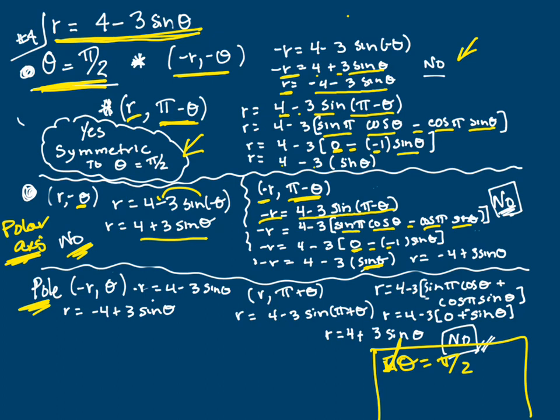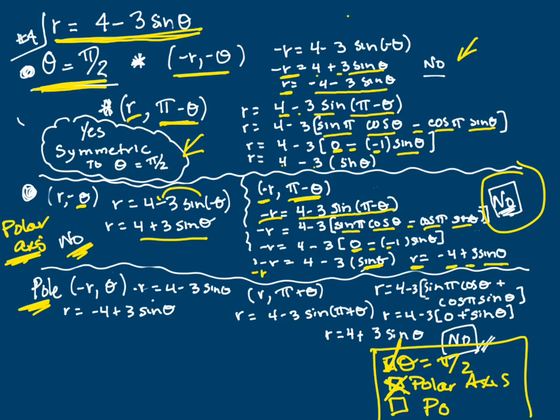So you end up right here with negative r equals 4 minus 3 sine theta. Multiply that negative r through, and you get r equals negative 4 plus 3 sine theta. So that's a no for polar axis.